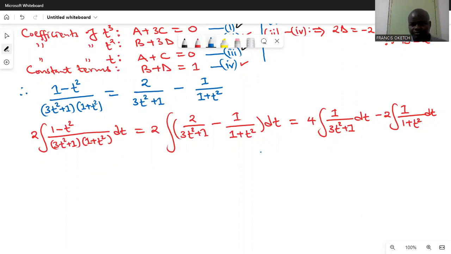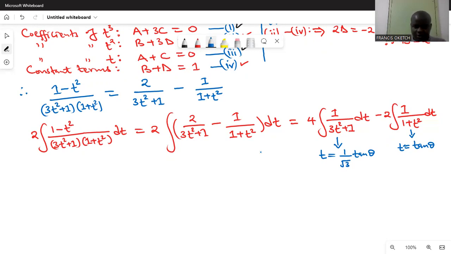In the first integral, you're going to say, let t be equal to 1 over root 3 tan theta. In the other integral, you're going to say let t be equal to tan theta. So let's start with the first integral.